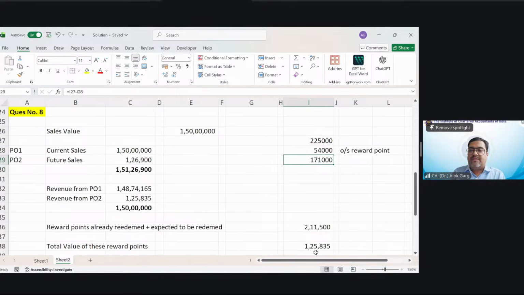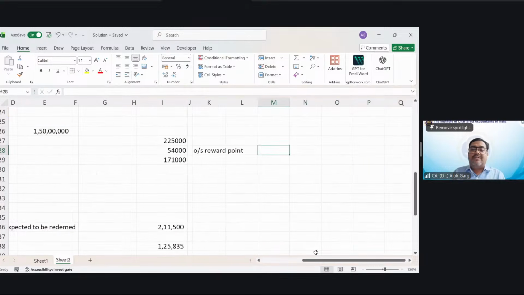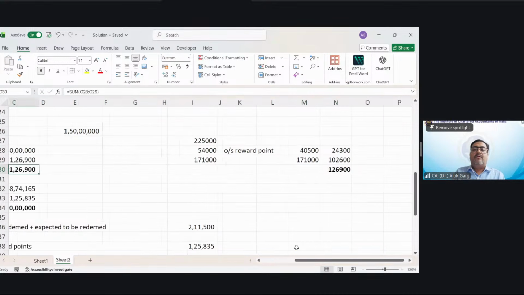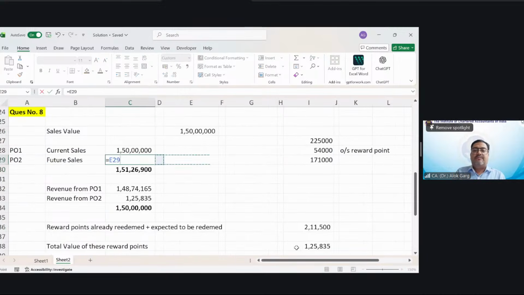Out of this 54,000, it is estimated that only 75% will be redeemed, and 1,71,000 is already redeemed. Multiplying this by 60 paisa gives you 126,900.